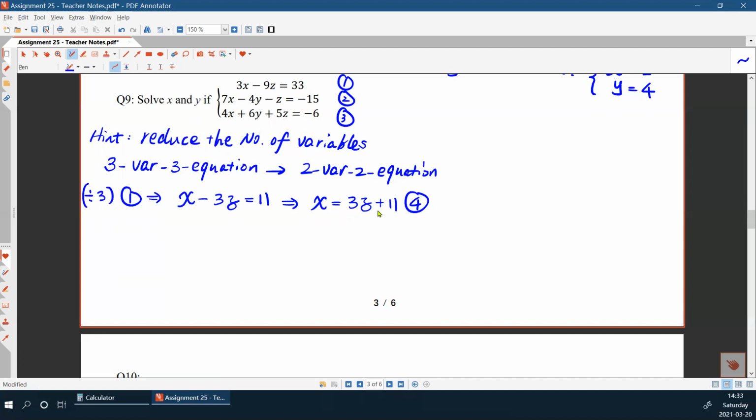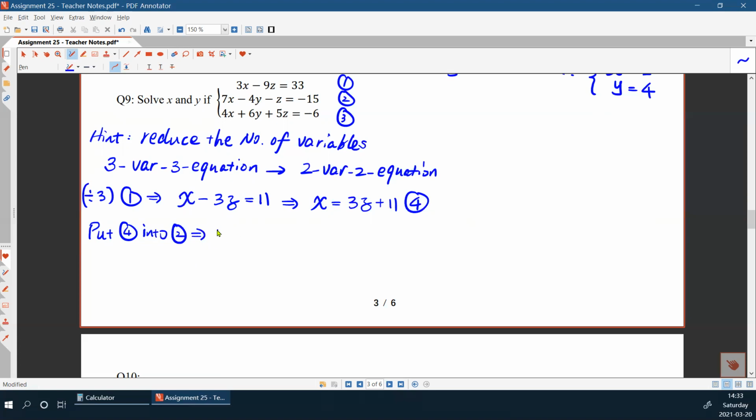And if it does not contain y, the problem is much easier, because when you put 4 into number 2 and number 3, you can also eliminate all the x's there. So it does not matter if you have a y here or not. So next step, you can put number 4 into number 2, right?